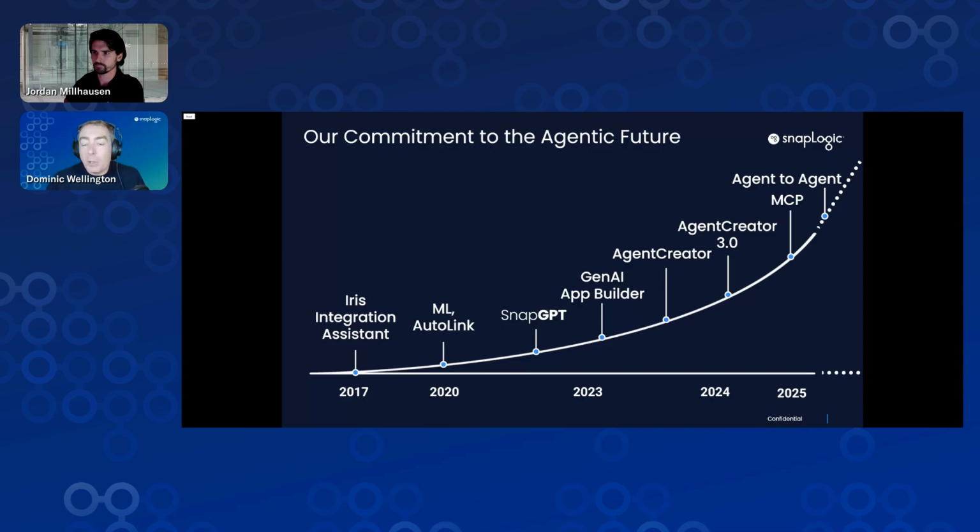And by deploying these capabilities together with customers, we learned what was working, what was not working, and we're able to iterate together with those early adopter customers to launch Agent Creator 3.0. And now we have the support for MCP and agent-to-agent protocols to support agents that are built in platforms other than SnapLogic and give them that same access to data, to the core business systems that you use to run your enterprise today.